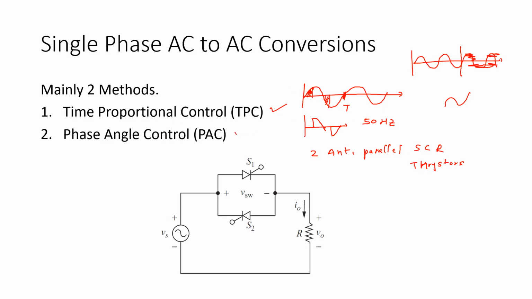In time proportional control, we are cutting cycles, actually half cycles. If it is 50 hertz, in one second there will be 100 half cycles. So if we cut 50, the other side will only see 50, and the power dissipation on the other side will change.